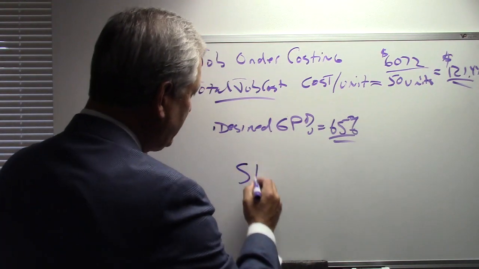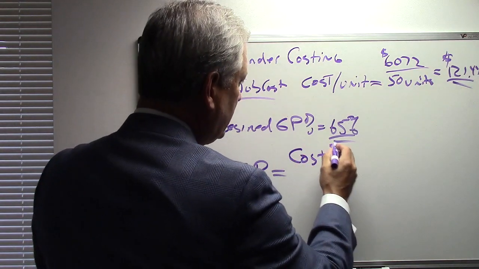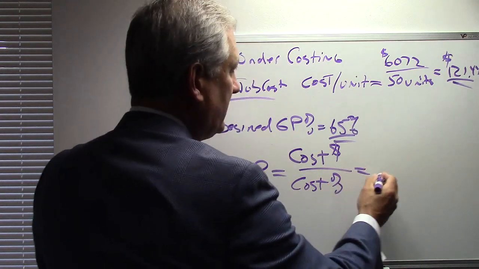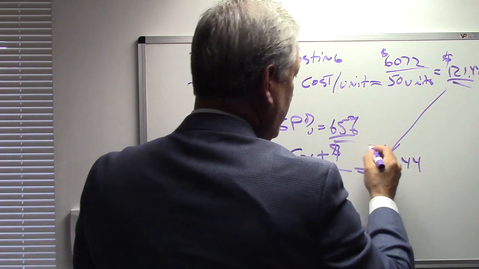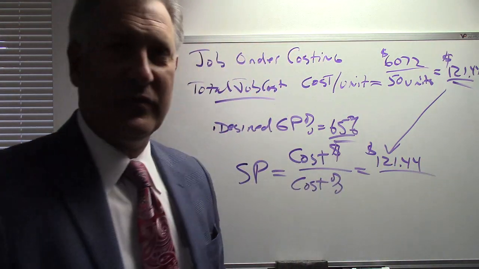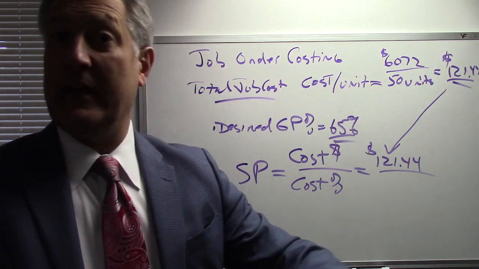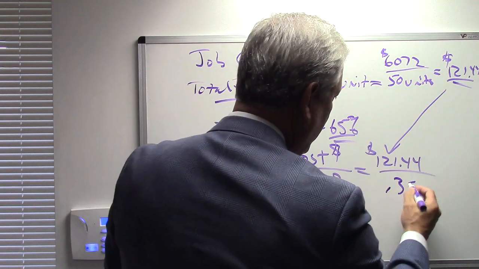So to determine the sales price, I gave you this formula. It's the cost dollars divided by the cost percentage. So the cost dollar is $121.44. And the cost percentage is 35%. We're going to divide it by 0.35.